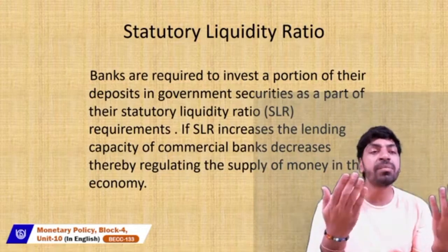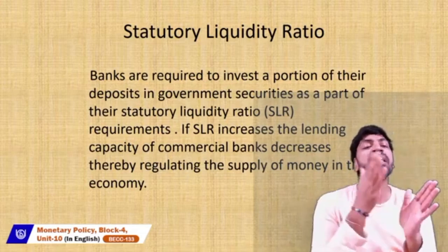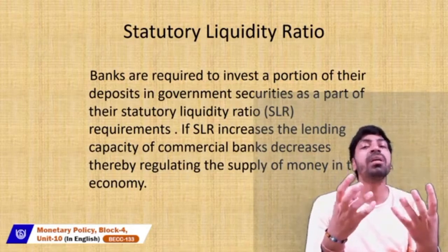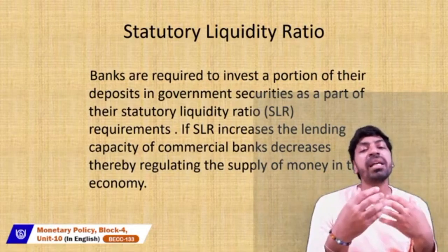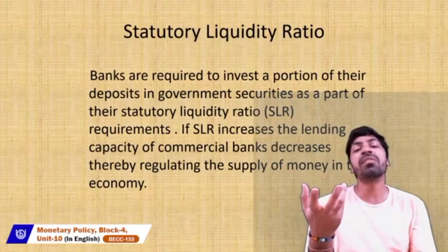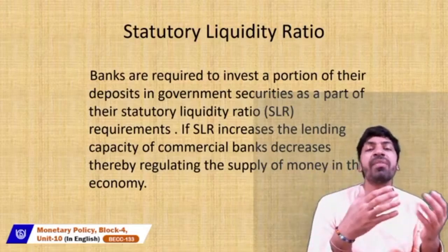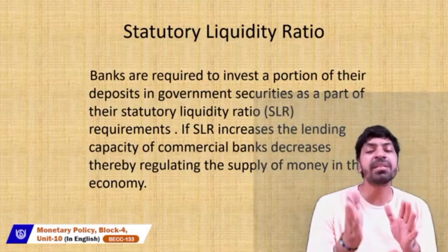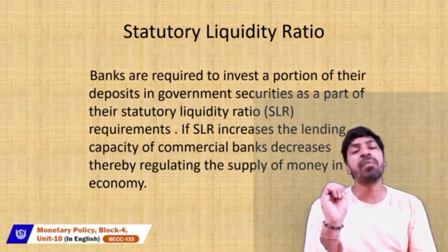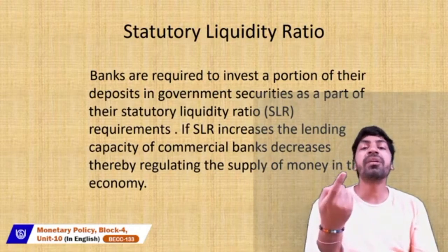Because whatever deposits the banks have will be invested in government securities. So the lending or credit facility of the commercial banks will decrease, and that is necessary to regulate the supply of money in the economy.